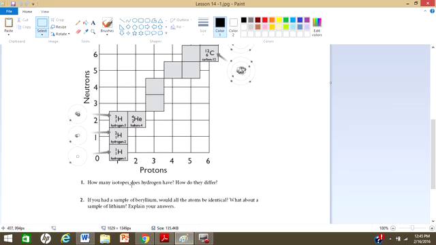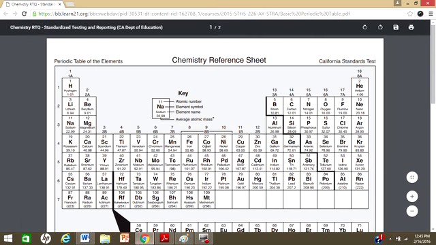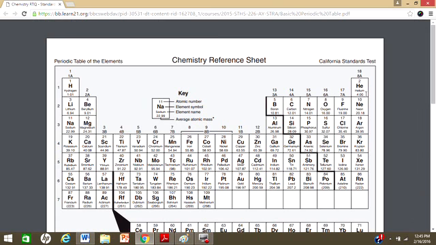Okay, so then let's look at helium. If I bring up my, here's helium on the periodic table, and it has a number of protons of 2. The most abundant form of helium out in nature is helium-4. That means it's going to have 2 protons and 2 neutrons.